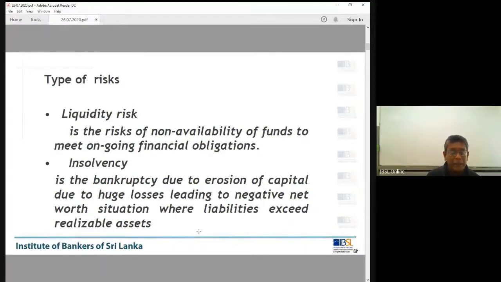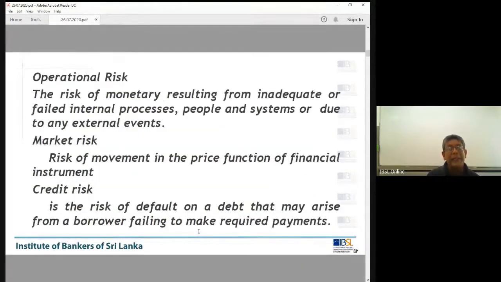Okay, then we look at another risk we call operational risk. It is the risk of loss resulting from main reasons. One, a lack of internal processes or poor internal controls within your organization.